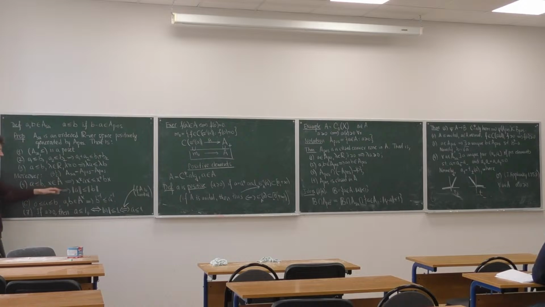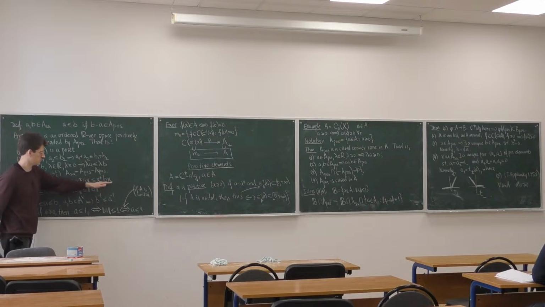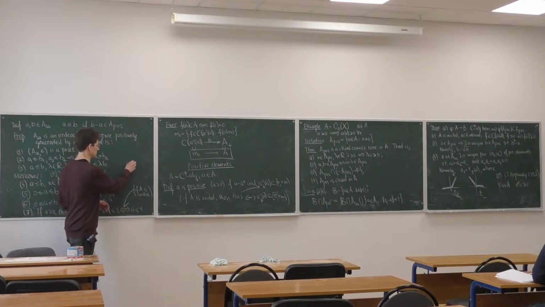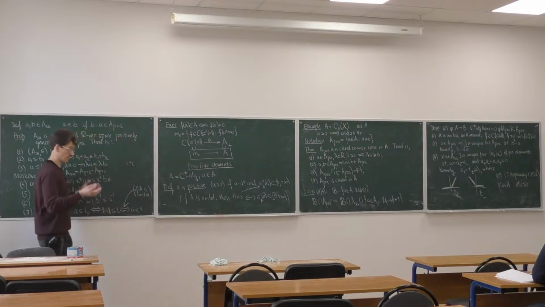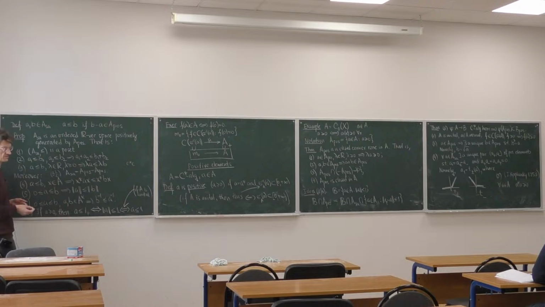We take the element b minus a and take the square root. As a result, we see that the difference of these elements can be written in the form C star C for a suitable element C. And by Kaplansky's theorem, C star C is positive. The proof of the remaining parts is a combination of properties of positive elements with the Gelfand-Naimark theorem.